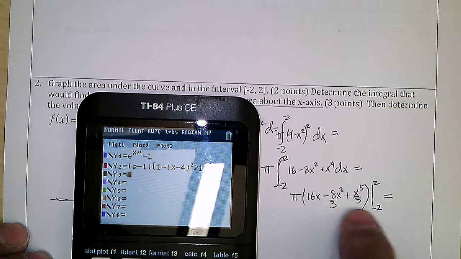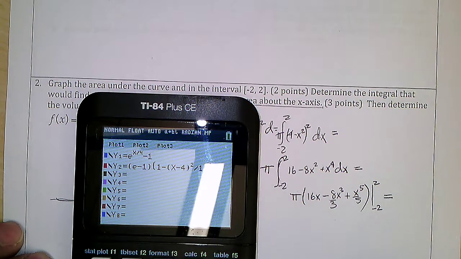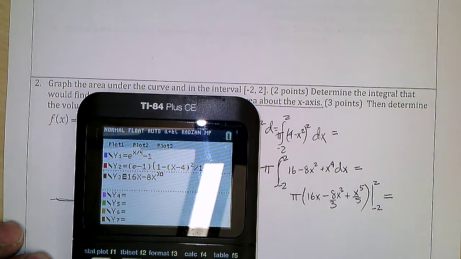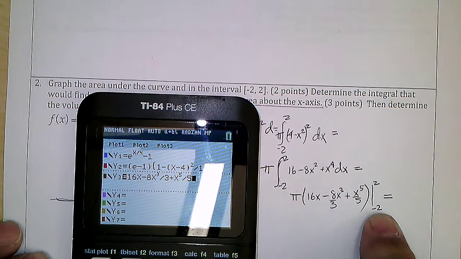I'm going to type in what I got to put these numbers into. 16x minus 8x to the 3rd divided by 3 plus x to the 5th divided by 5. So I just want to plug 2 and -2 into these.